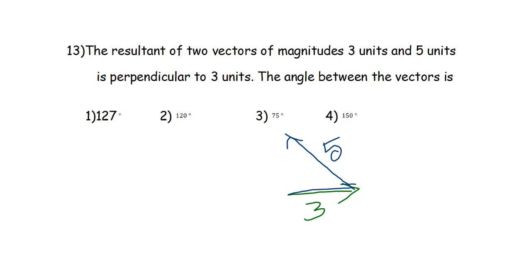So 3 units perpendicular is in this direction. So here the condition is two vectors 3 newtons and 5 newtons. Their resultant is perpendicular to 3 units.